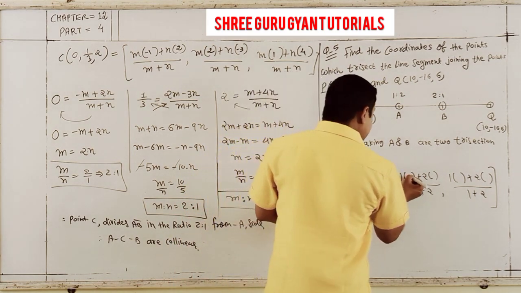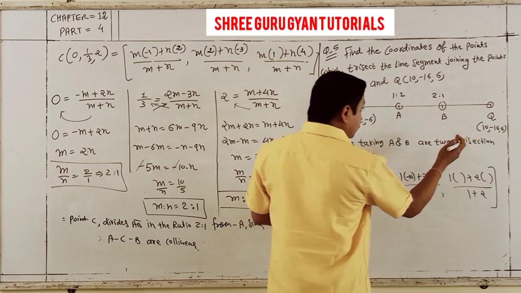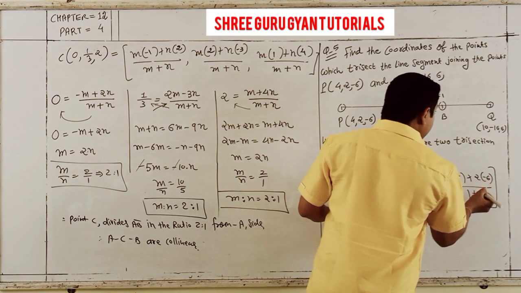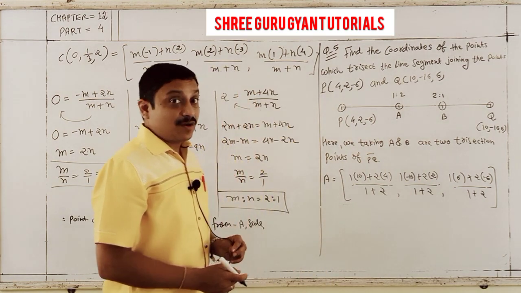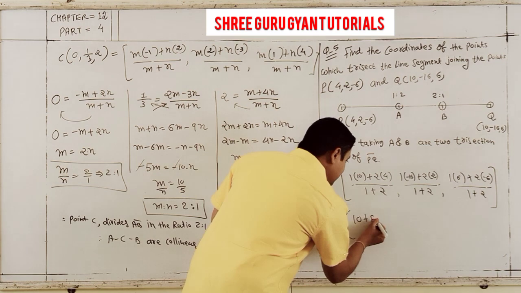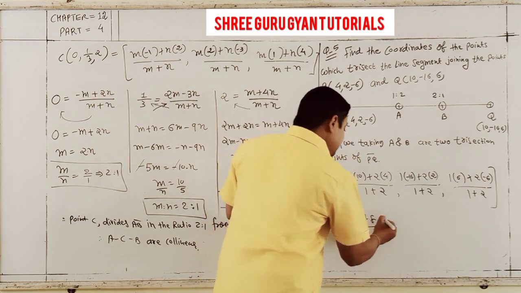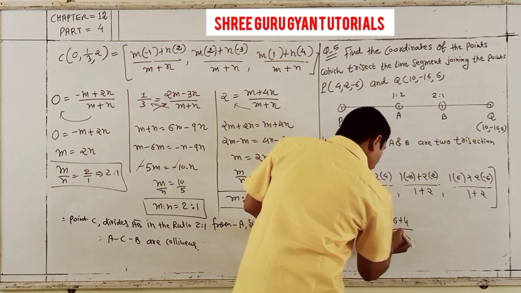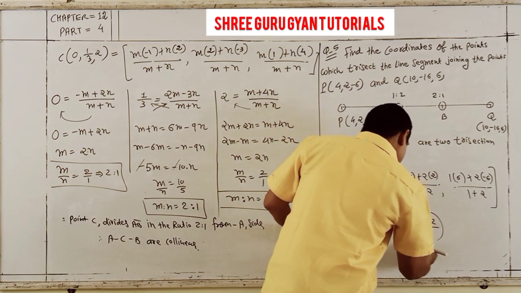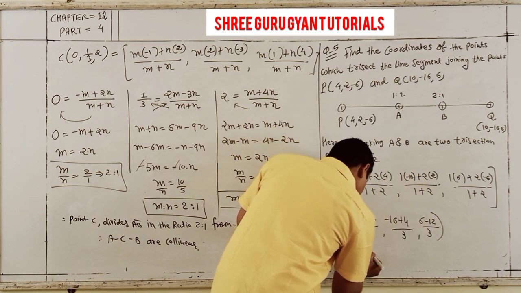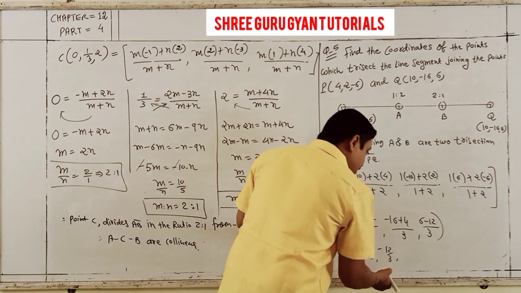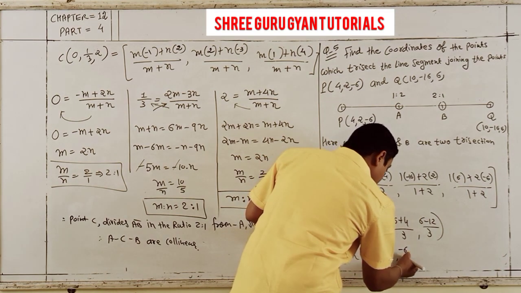Next minus 16, it becomes 2, minus 16 and 2, and last 6, comma, minus 6, and now the answers. So, students, A vertex is easily known: 10 plus 4 times 2 is 8. Now minus 16 plus 2 times 2 is 4, and here 6 minus 12, we get 18 by 3. Next minus 12 by 3, and next minus 6 by 3.